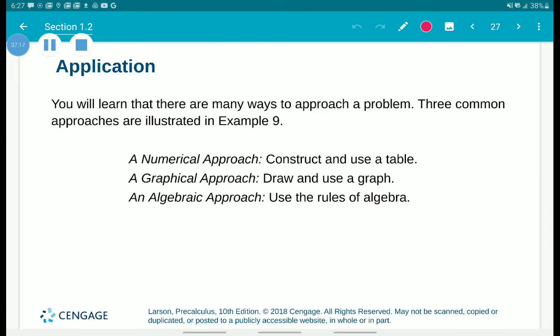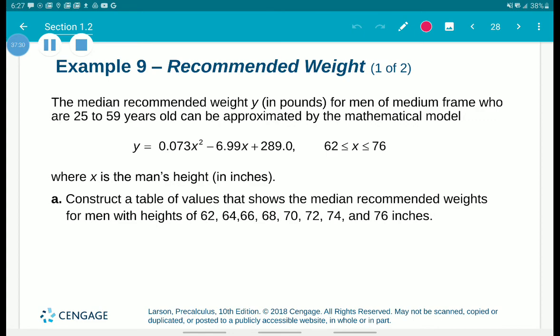So let's look at an application, and we're going to use the TI graphing calculator to demonstrate what's going on here. In this example, the median recommended weight y in pounds for men of medium frame who are 25 to 59 years old can be approximated by the mathematical model y equals 0.073x squared minus 6.99x plus 289.0, where x is between 62 and 76 inclusive.